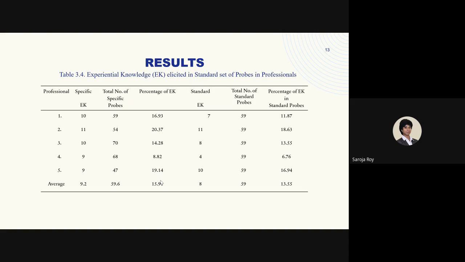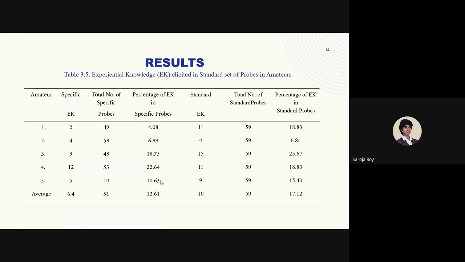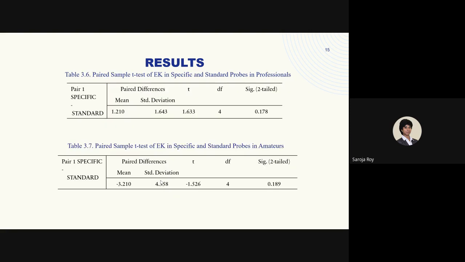These are the percentages that we could elicit in the professionals, that is 15.91 in specific sets and 13.55 in standard probes. And in amateurs, it was 12.61 in specific, and in standard, it was 17.12. But again, the t-test values haven't shown a significant difference between the both.